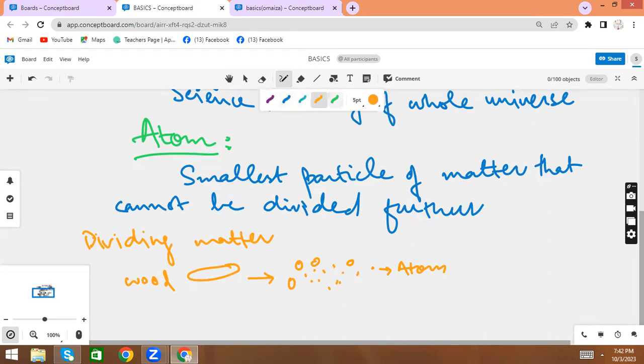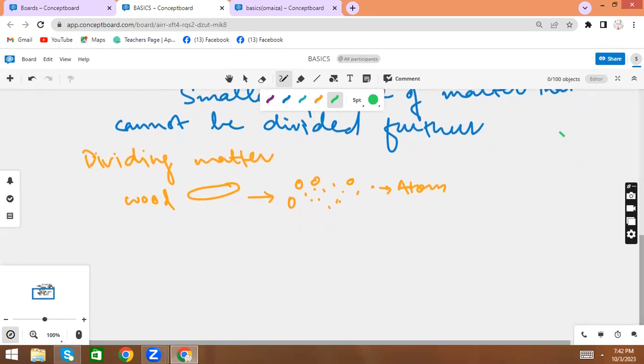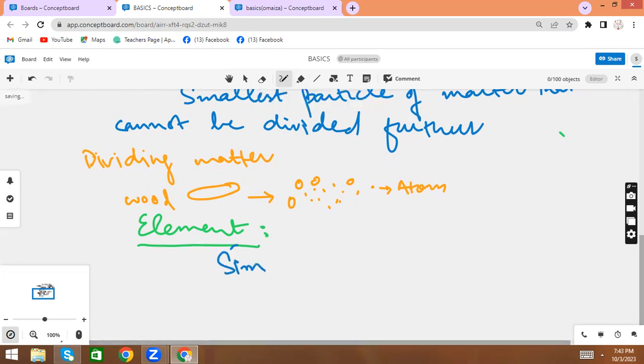Then we have the element. Okay, it is when similar atoms combine, like these similar atoms of wood combine and form this big wood loaf.